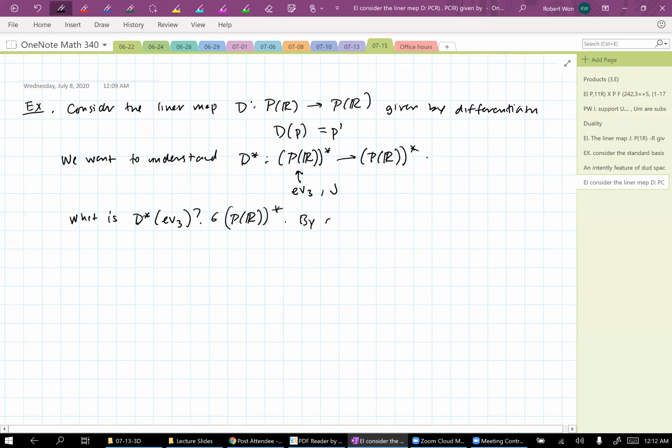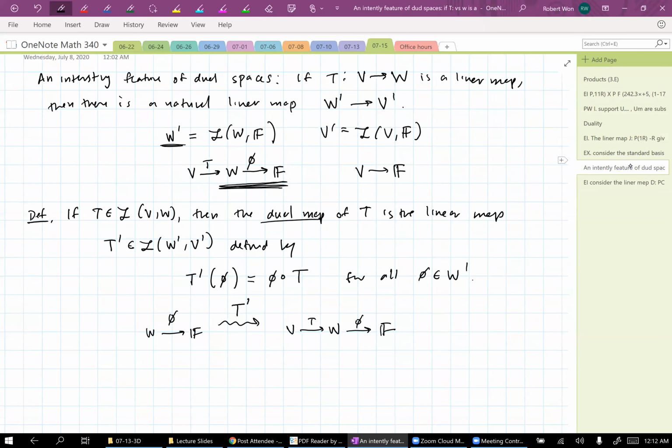So by definition, what is this function evaluated at a polynomial P?